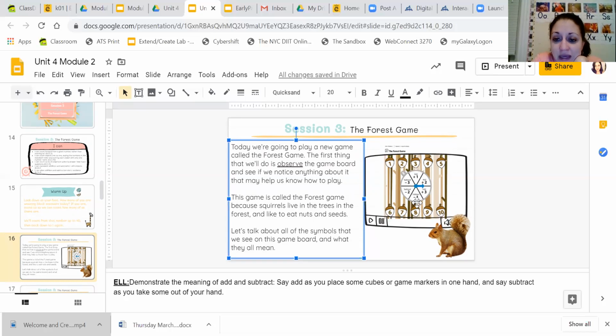And then I see -1, -2, and -3. +1, +2, +3 means we are adding numbers, so we're putting things in. And subtract, or minus, or take away is this symbol right here in front of the 3: -3, -2, or -1.